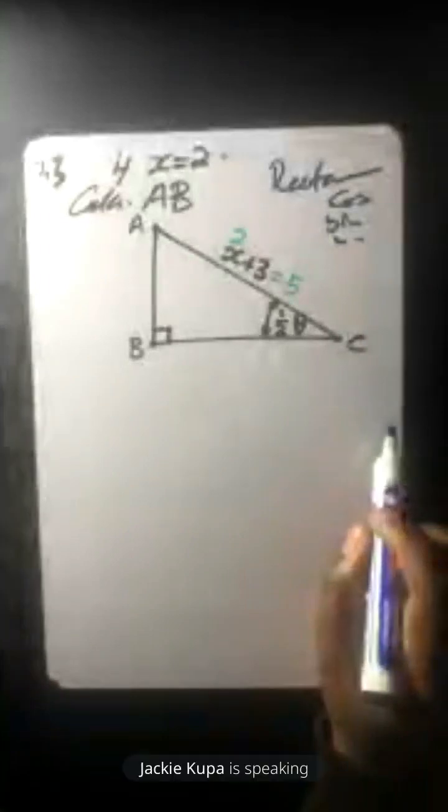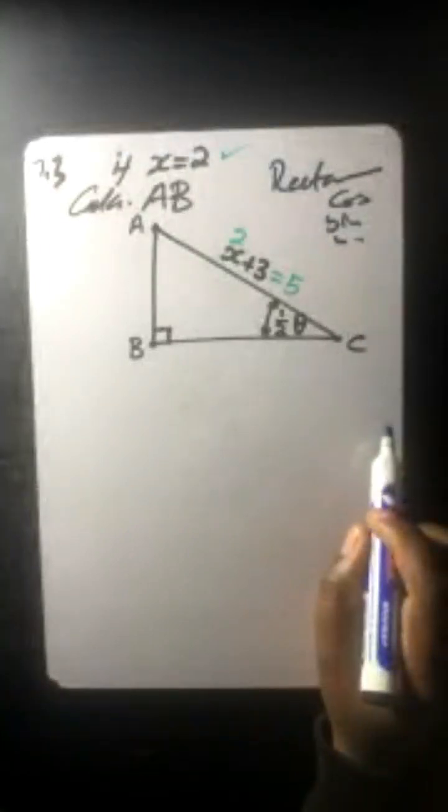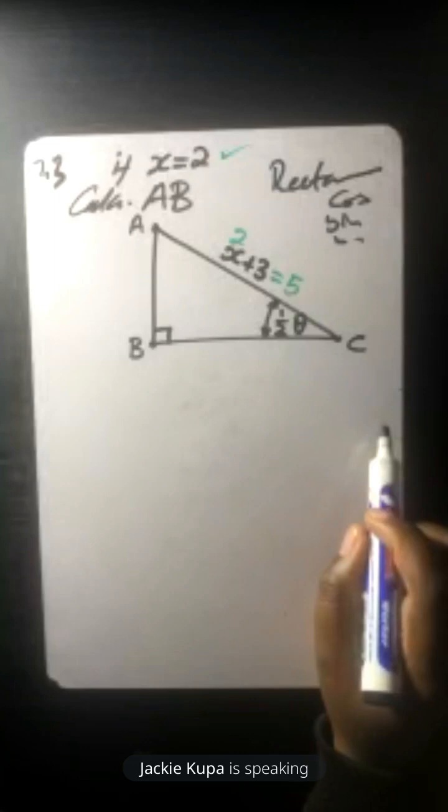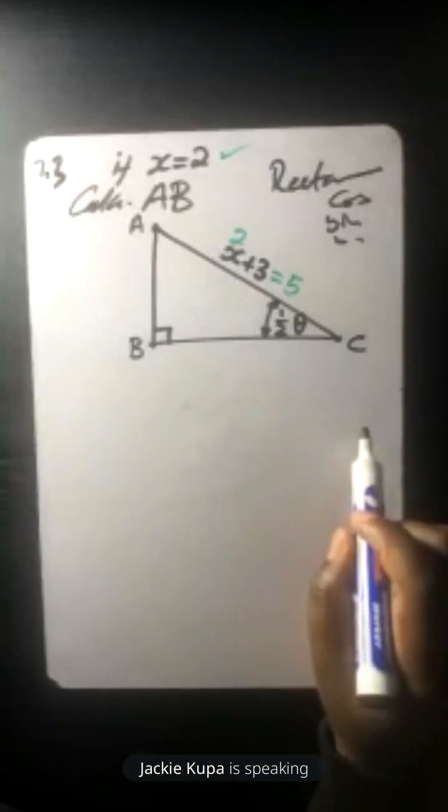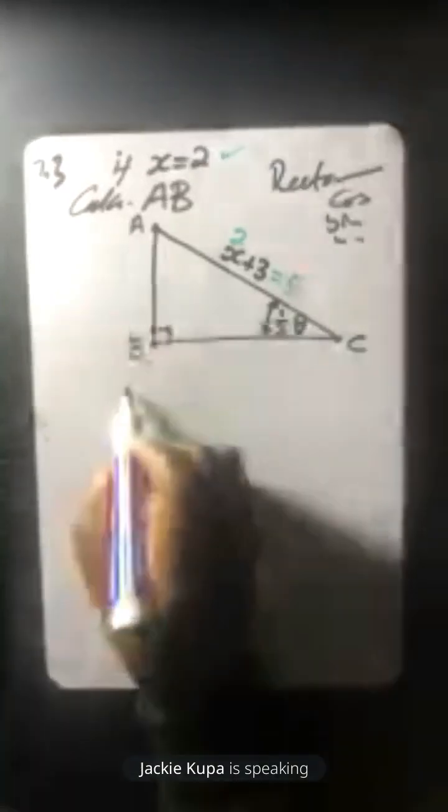Because it's a right angled triangle, you can use the trig ratios of cos, sine, or tan. Which one is suitable here? Let's see. I think sine. Yes, because sine theta will help us to find the opposite, which is AB.